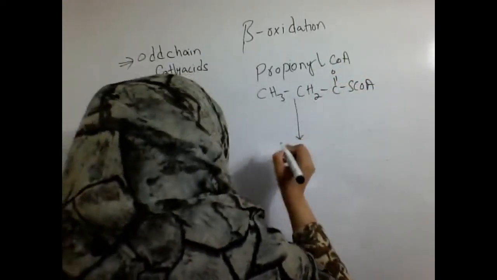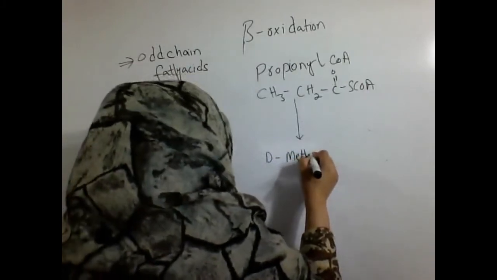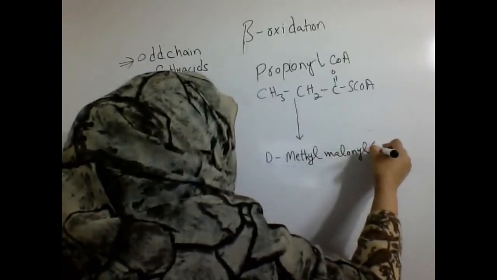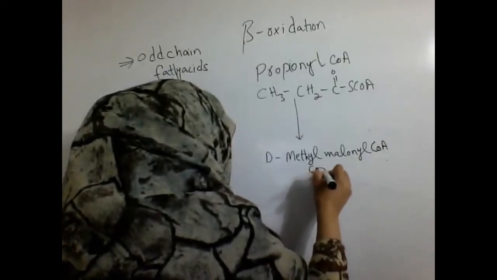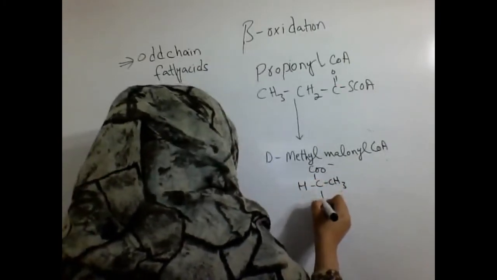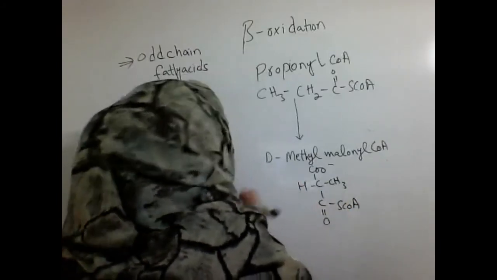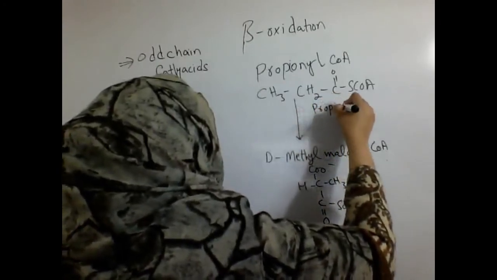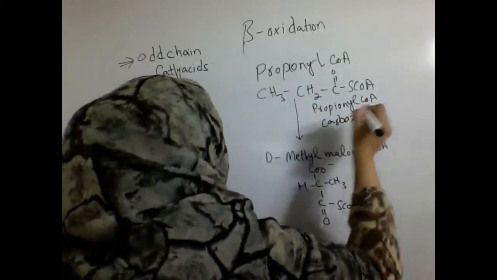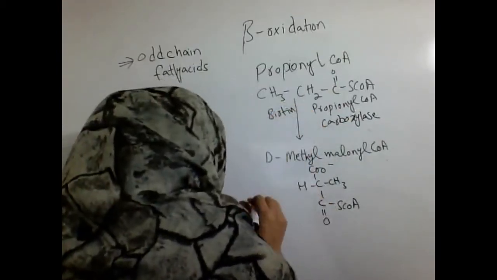This is converted into D-methylmalonyl CoA by the enzyme propionyl CoA carboxylase in the presence of biotin as coenzyme.